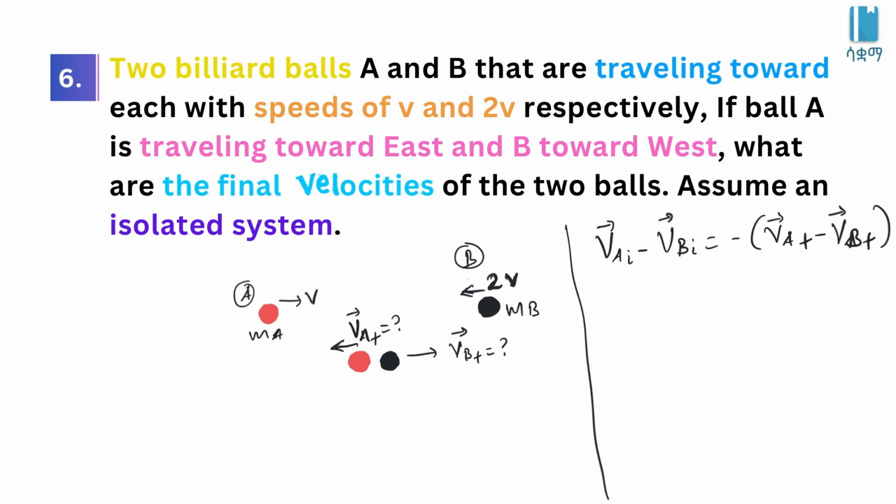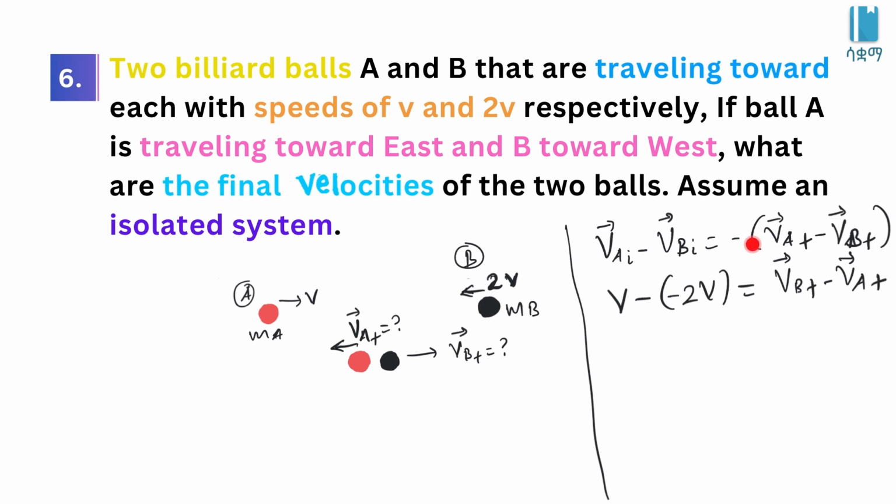So the initial velocity of mass A was V, minus the initial velocity of B, which is toward the negative x direction, toward the west, so minus 2V in vector form. This equals VB final minus VA final.